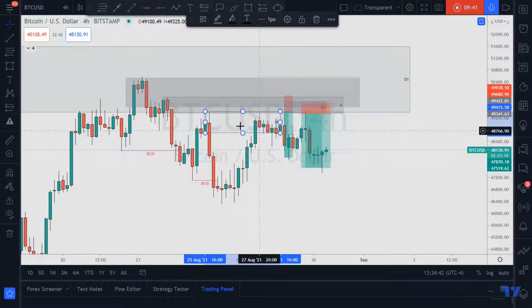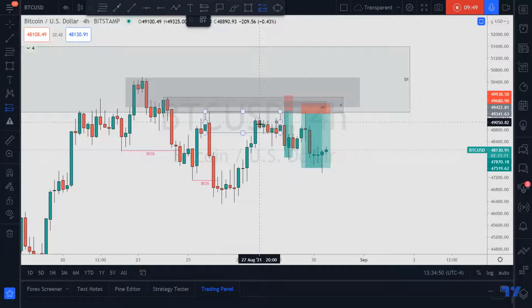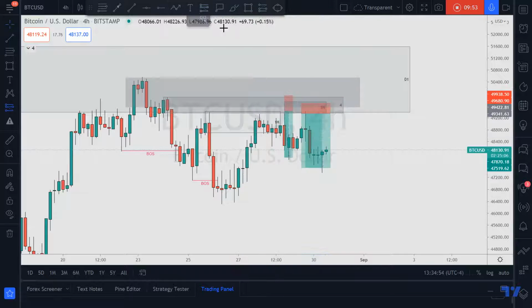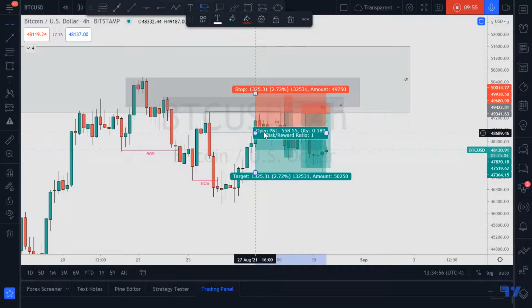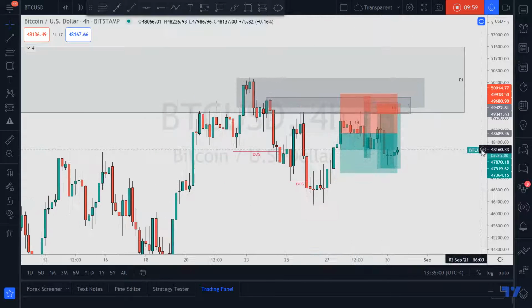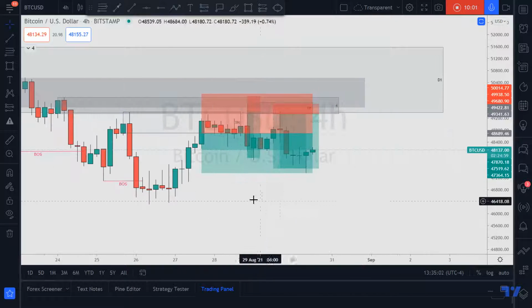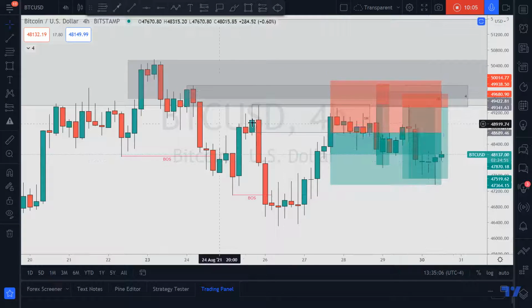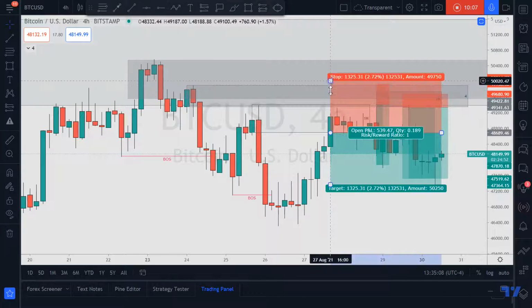So remember that. When it comes time for price to come back and test this order block, this is not where you want to set your stop loss. I did that upside down again. You don't want to set your stop loss right above the order block in which you're entering, like so.